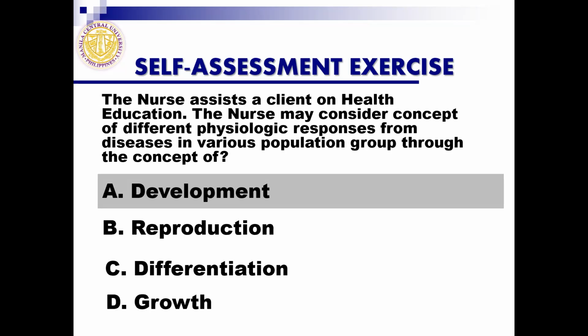To be more specific, the cytokines are higher in children to prevent inflammatory processes, compared to the elders who have a lower level of cytokines, which is very important for the prevention of inflammation. So development is the correct answer. Thank you very much for the try.